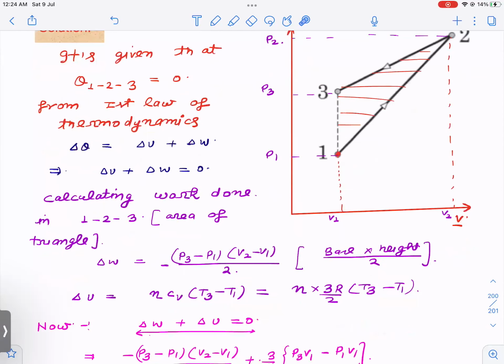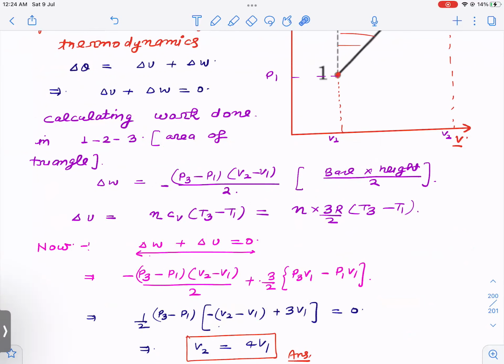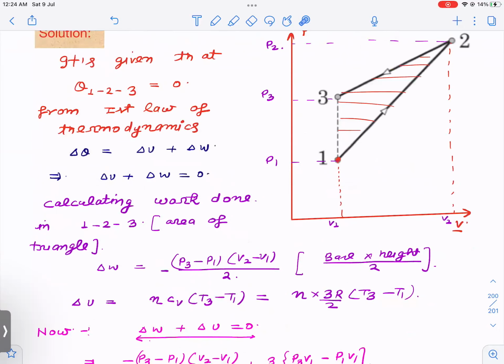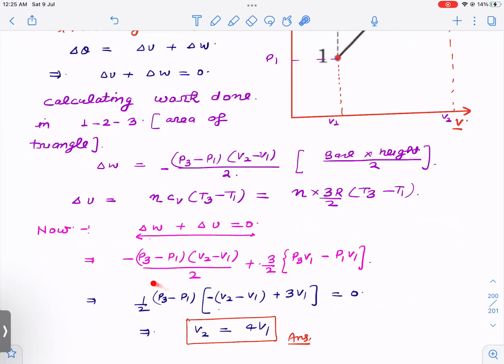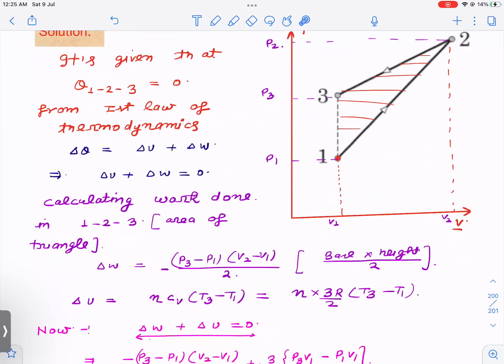Delta W I've written as it is, and for delta U, nRT3 I've written as P3V1, since PV equals nRT. Here the volume is V1, and likewise nRT1 I'm going to write as P1V1. So we have P3V1 and P1V1. Now you can take P3 minus P1 common and you get V2 as 4V1. That is what we needed to find.